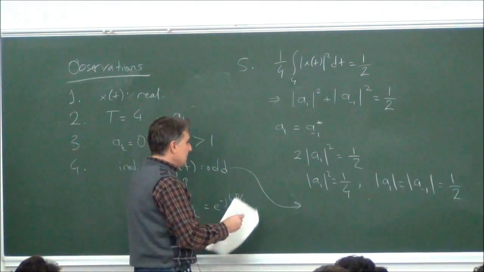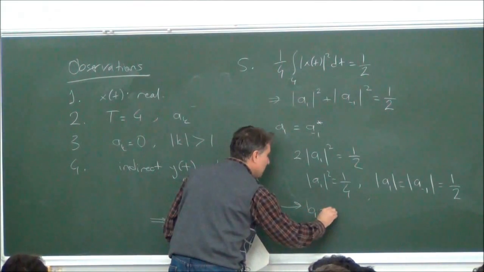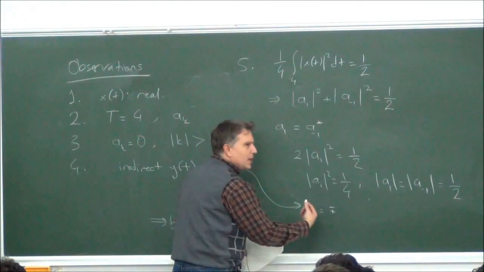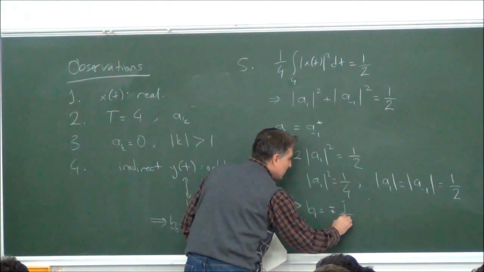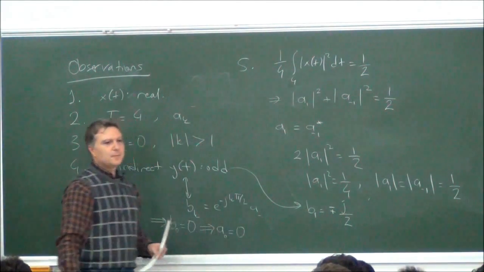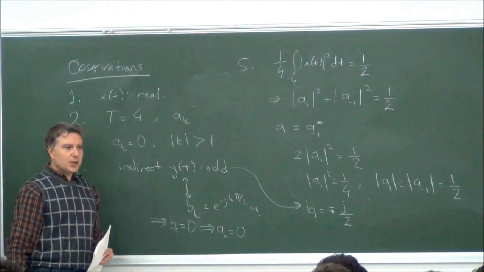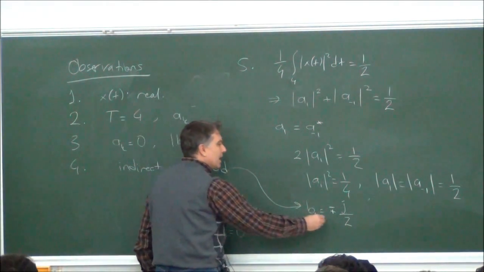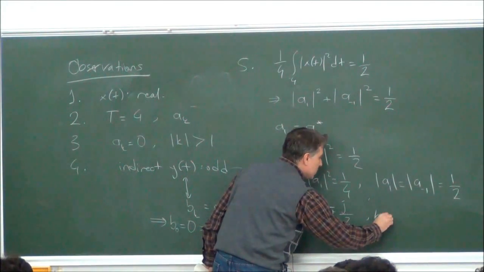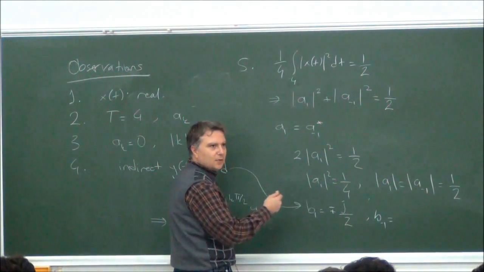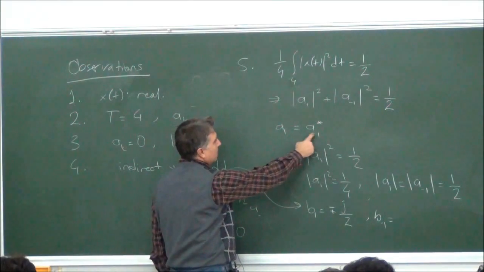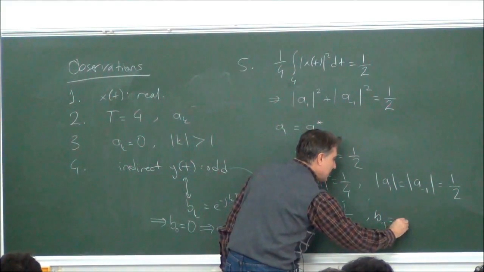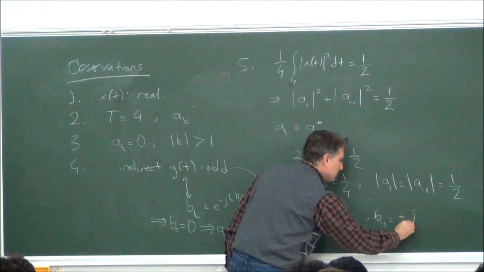Like plus and minus. So b1 is equal to plus or minus 1 over 2j, which is the same as saying j over 2, whatever. But we don't know whether it's a plus j over 2 or minus j over 2. If it is plus j over 2, then b minus 1 is minus j over 2, the negative of the other one, the conjugate symmetric version. So b minus 1 is this time minus or plus j over 2.